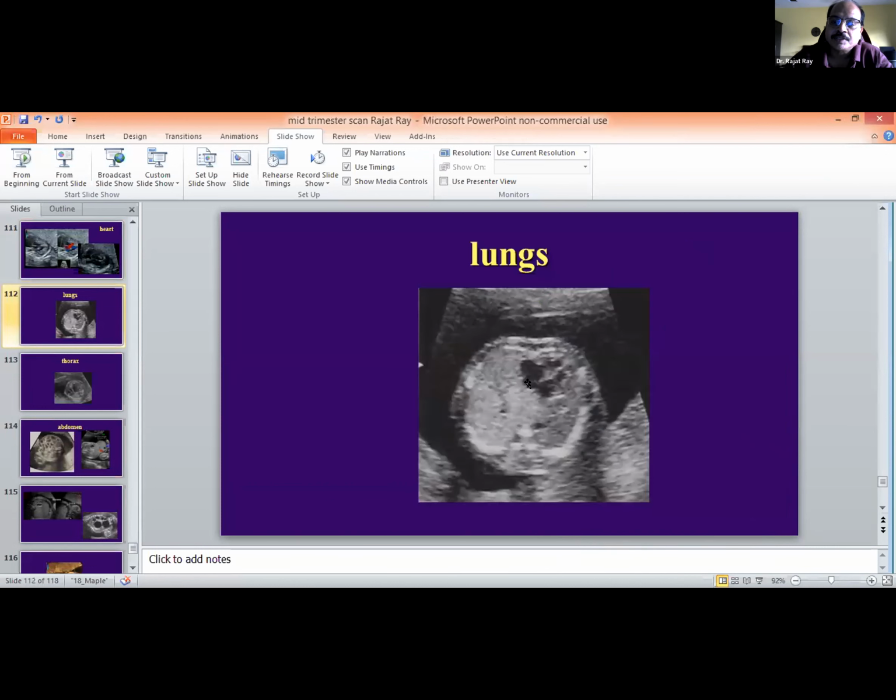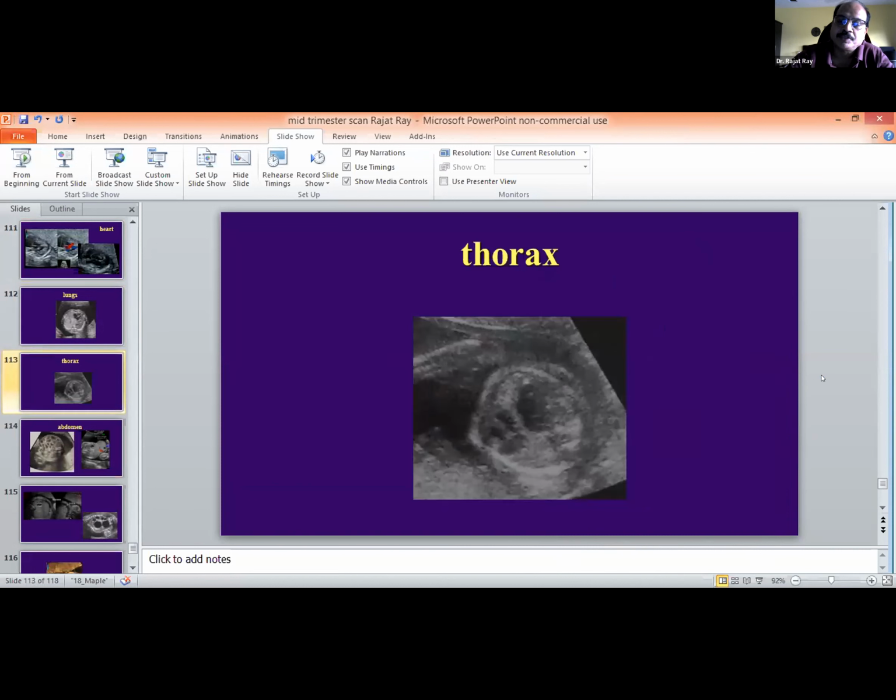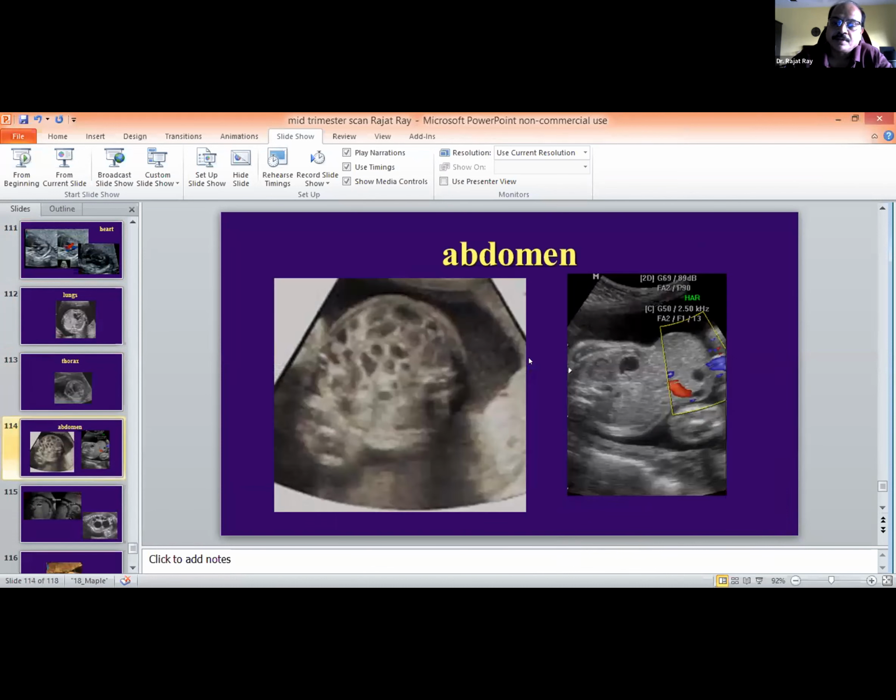The lungs, you compare both lungs, one side of the lungs is enlarged and more hyperechoic. That is lung pathology. In the transverse section of the thorax, you are seeing the heart alongside the stomach. There is a stomach. In the abdomen, you are seeing multiple cystic structures. There is intestinal obstruction.